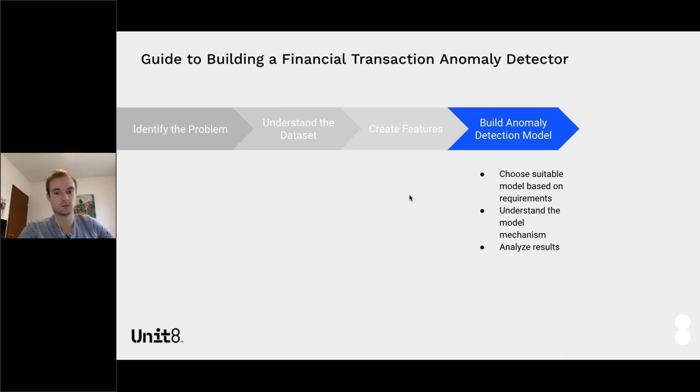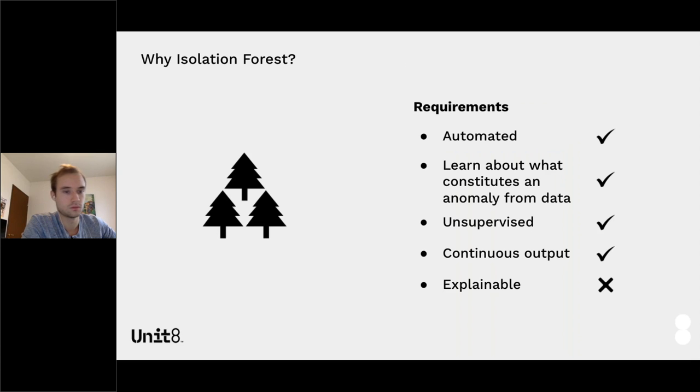We're going to talk now about the choice we made for solving this problem, and we're going to describe what is called isolation forest, which is our choice. So why isolation forest? Isolation forest is a tree-based unsupervised anomaly detection model.